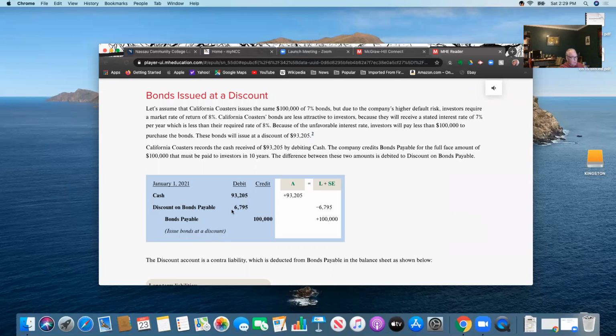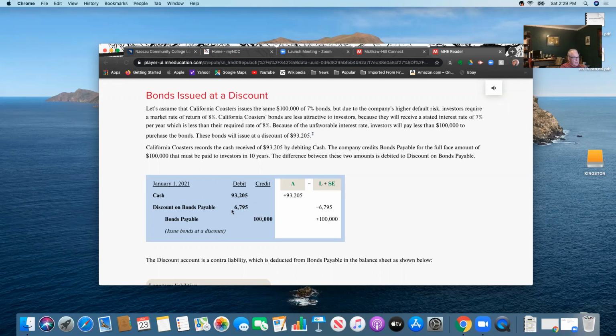Now, what does discount represent? It really represents extra interest expense. Now, we can't record the interest expense all at one time. We have to take it and spread it out over the lifespan of the bonds. Remember, these bonds mature in 10 years.